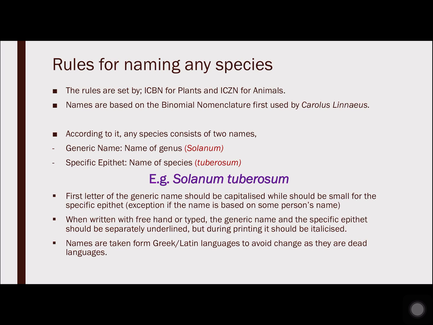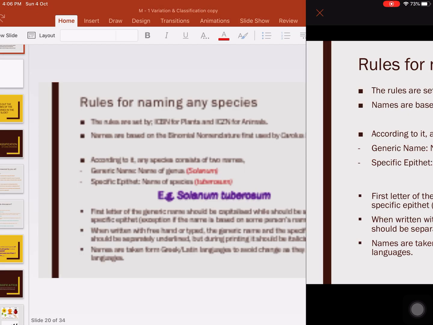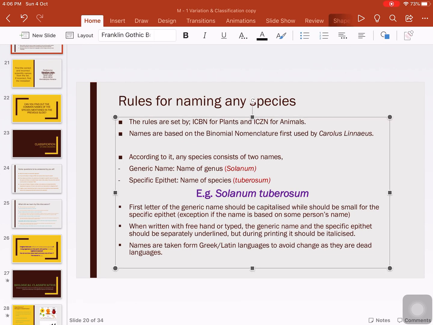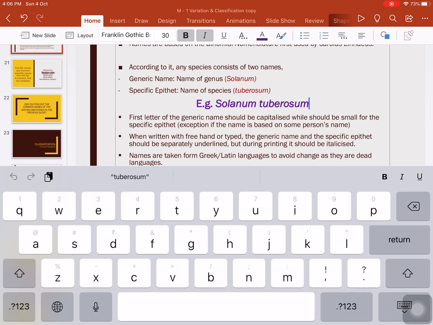When written by hand or typed, the generic name and specific epithet should be separately underlined, but during printing it should be italicized. Do you know what italicized means?